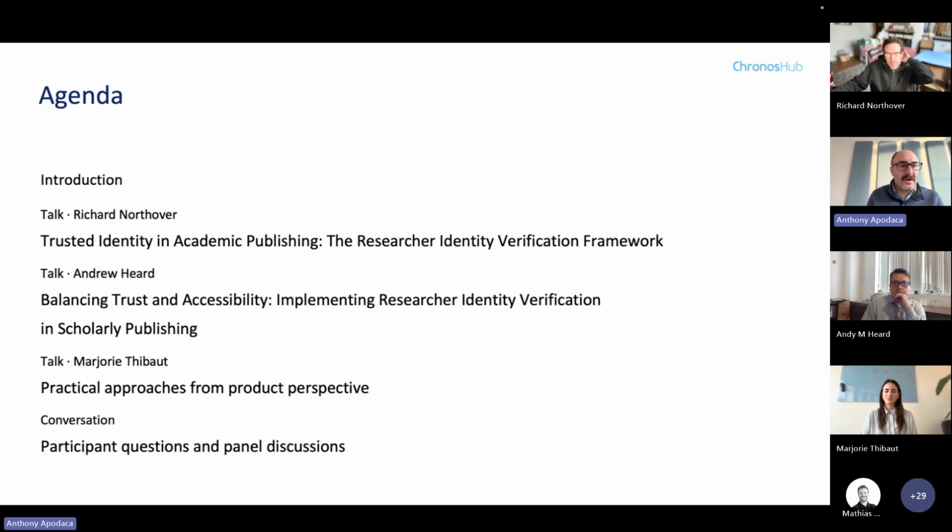We will start off with Richard talking about trusted identity in academic publishing, the researcher identity verification framework. Then we'll pass it on to Andy for balancing trust and accessibility, implementing researcher identity verification in scholarly publishing, and finally, Marjorie Thibault for practical approaches from a product perspective.